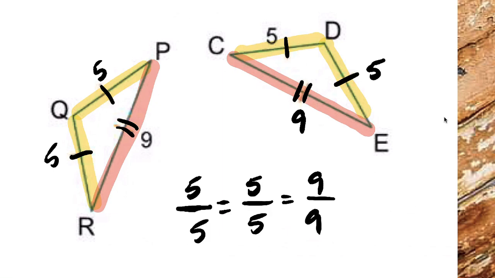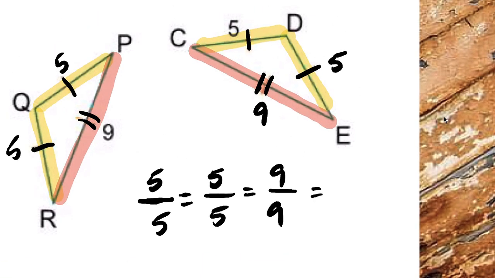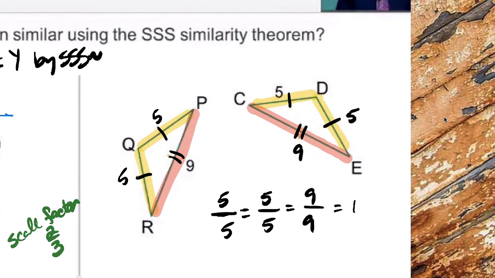Now, these triangles, the scale factor is 1, right? It reduces to 1. So what this means is that they are all in a ratio of 1 to 1. And they would actually be able to say that these are congruent by side congruence. Now, the definition of similarity, they could be the same size and still be similar.